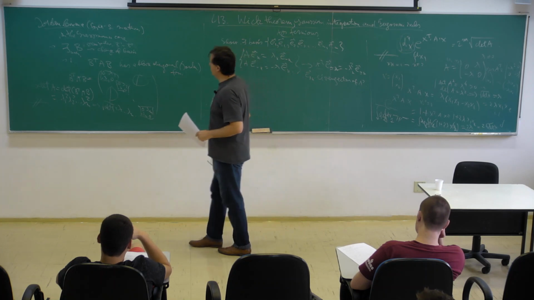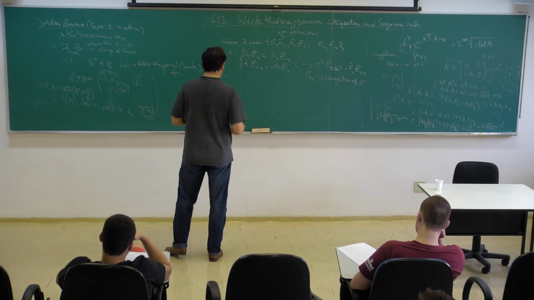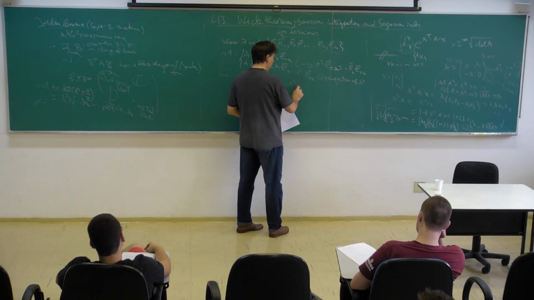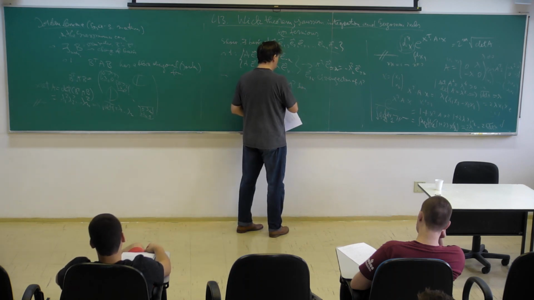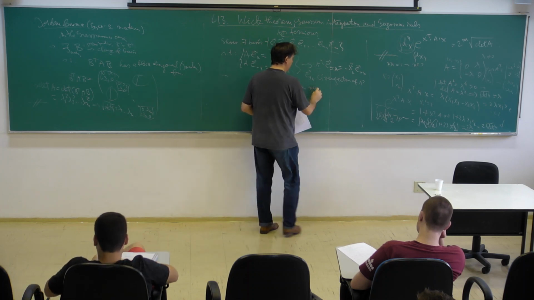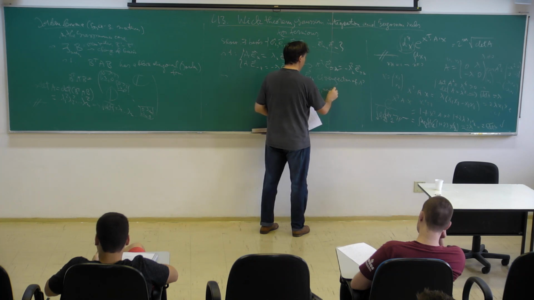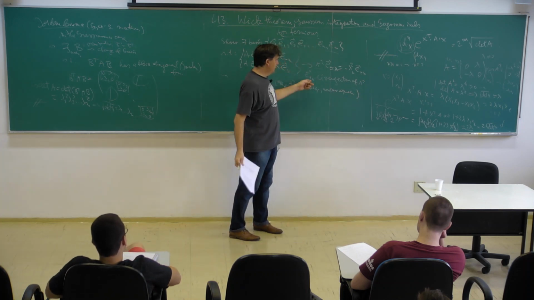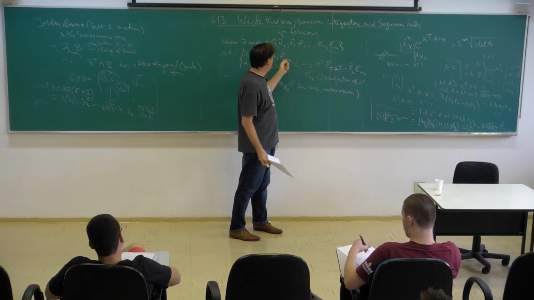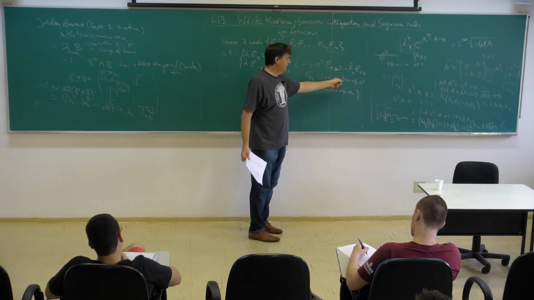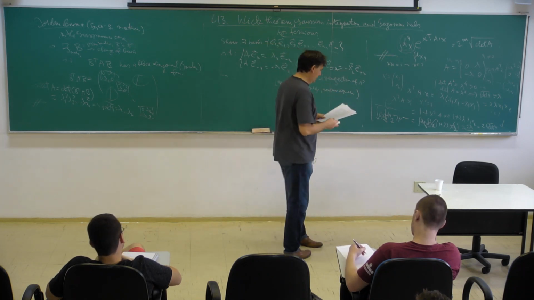Our assumption was that A squared has negative non-zero eigenvalues. We see that this is consistent with what we want to obtain. So E plus and E minus are the eigenvectors of A squared that correspond to these negative non-zero eigenvalues.